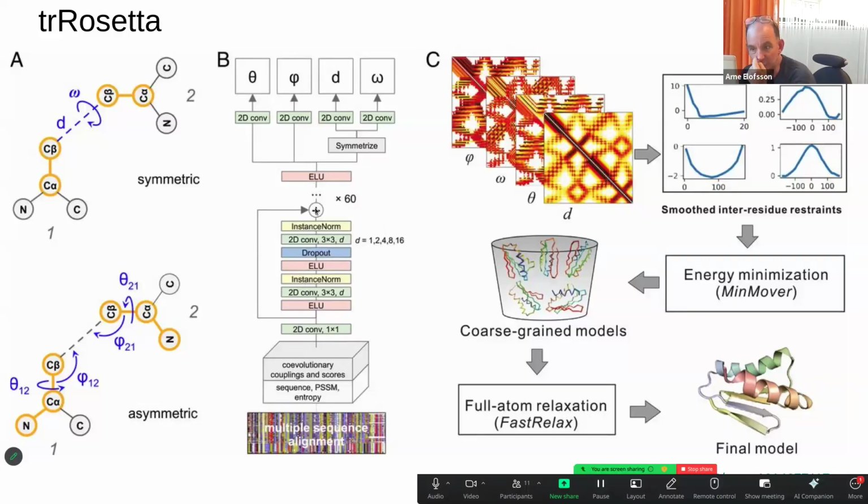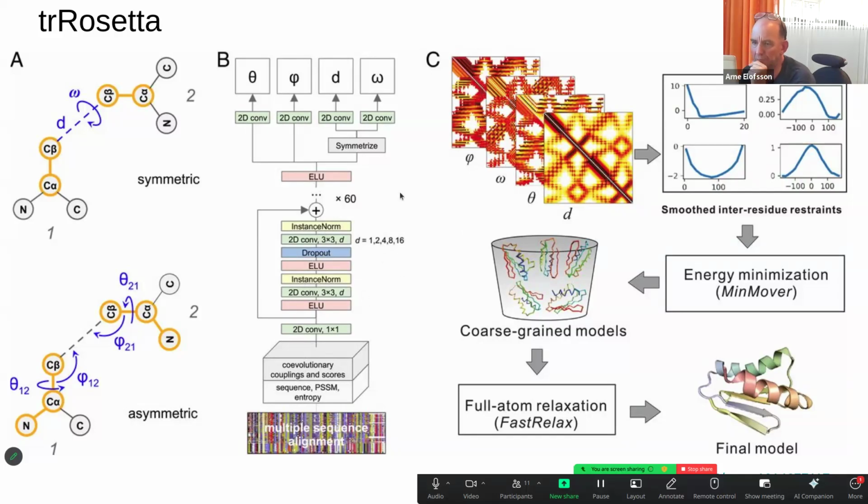And one way they managed to do that was by not predicting the whole contact map at once, but training it on 64 by 64 or 128 by 128 chunks of the map.